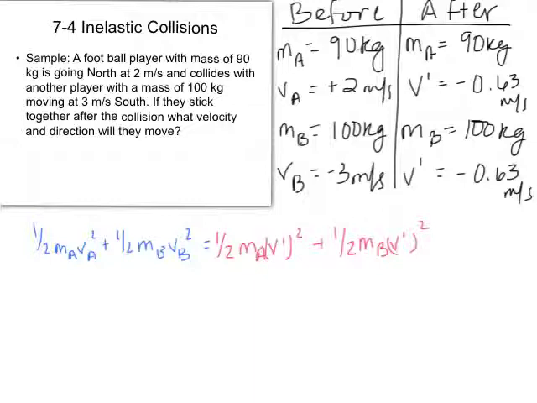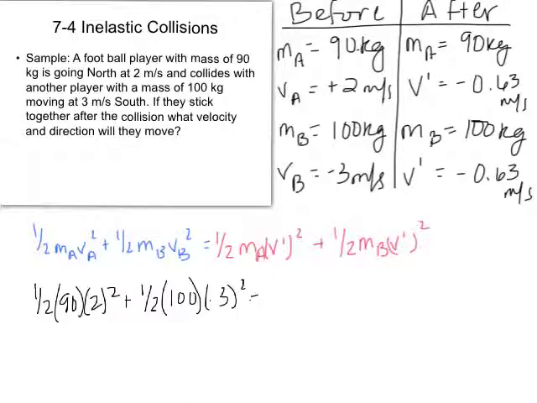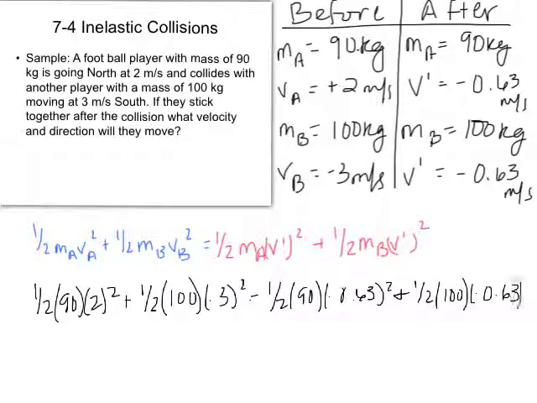So, first side, we have 1/2 times 90 times 2 squared plus 1/2 times 100 times -3 squared, and that's going to be equal to 1/2 times 90 times -0.63 squared plus 1/2 times 100 times -0.63 squared.